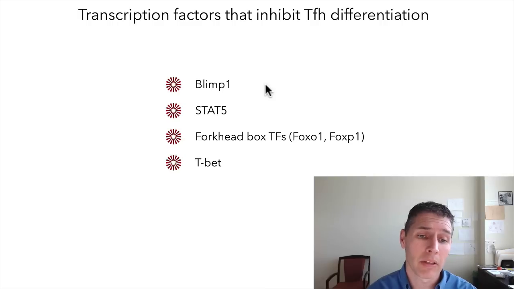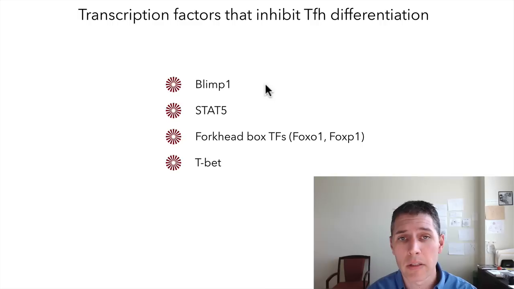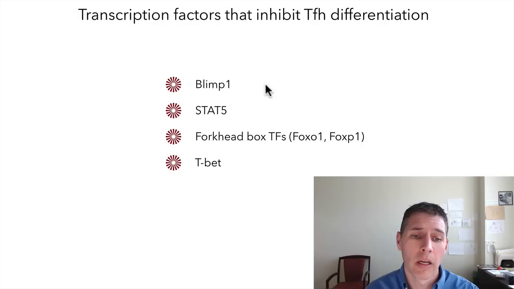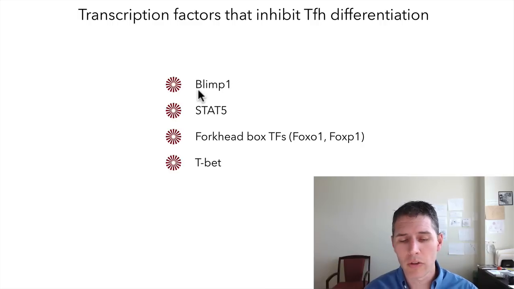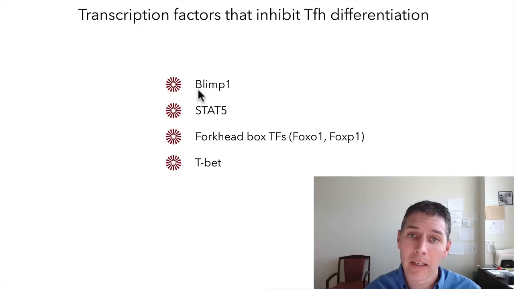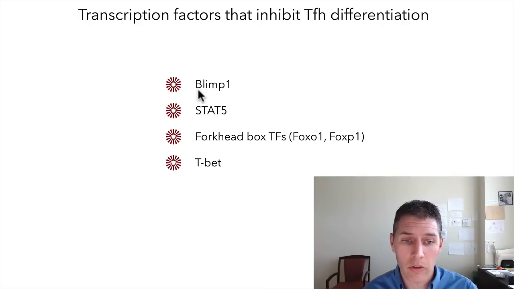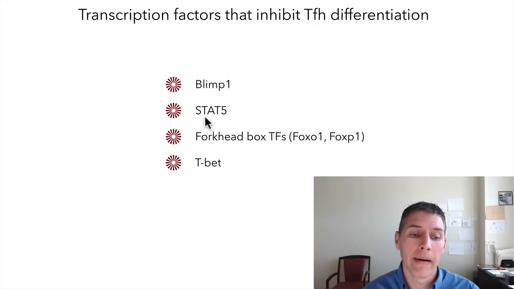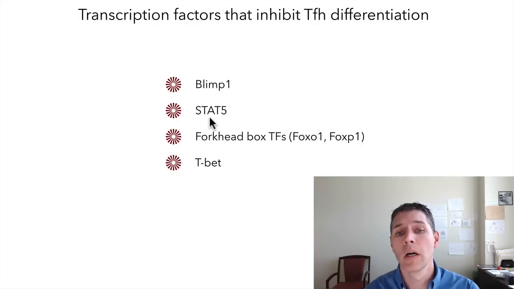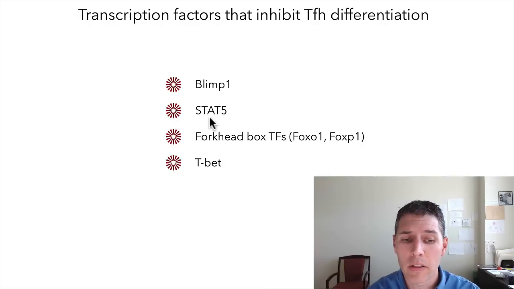BLIMP1, both in B cells and in T cells, potently represses BCL6 directly, and whereas BCL6 potently represses BLIMP1 directly, and so there's a potent reciprocal antagonism between these two transcription factors, BCL6 and BLIMP1, regulating TFH versus non-TFH differentiation. STAT5 is also known to inhibit TFH differentiation.